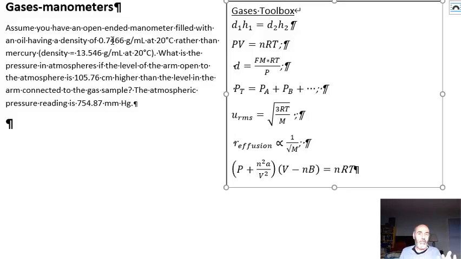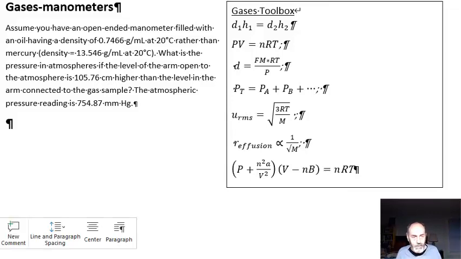The liquid level is higher on the side exposed to atmosphere. That tells us that the pressure inside where the gas is greater than the pressure on the outside, which is the atmospheric pressure. So let's do an inventory of what is given.